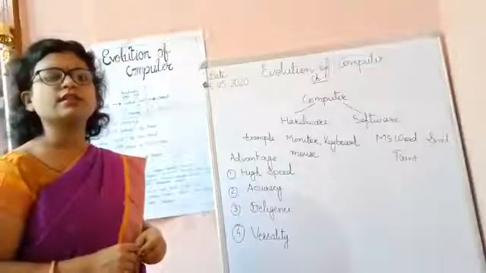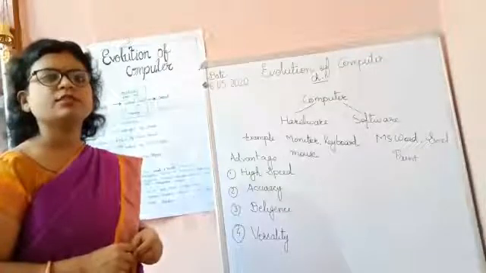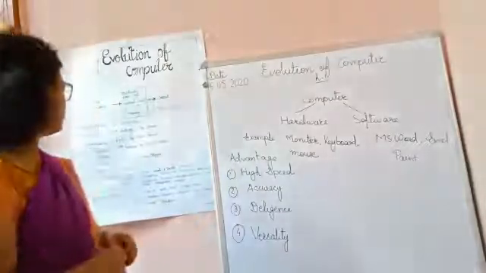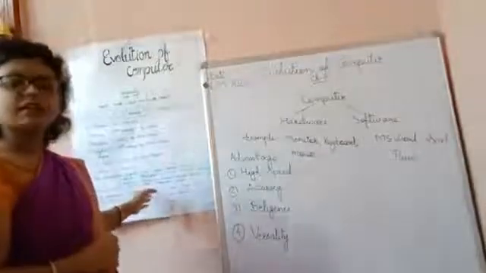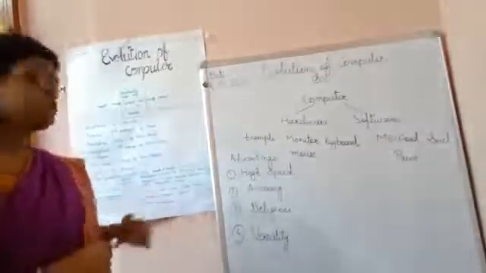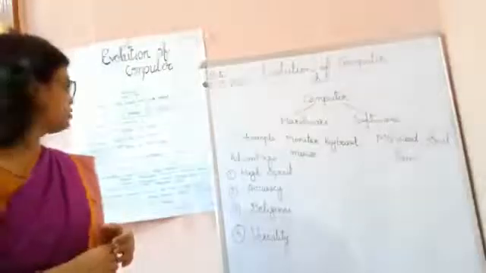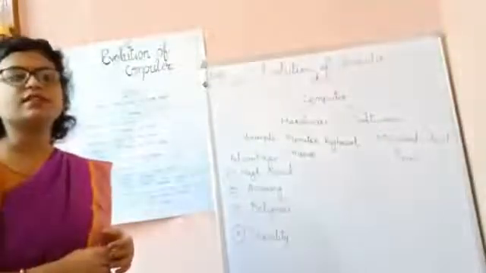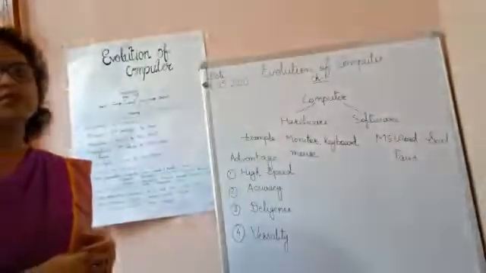Now later on, the third generation of computer. The third generation of computer is PCXT, PC80. It came in 1964 to 1970.